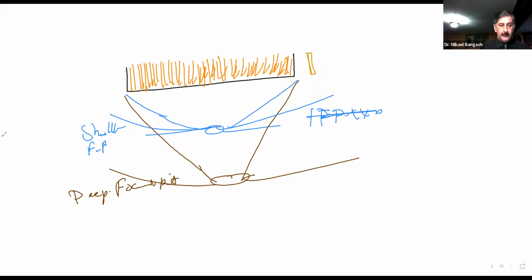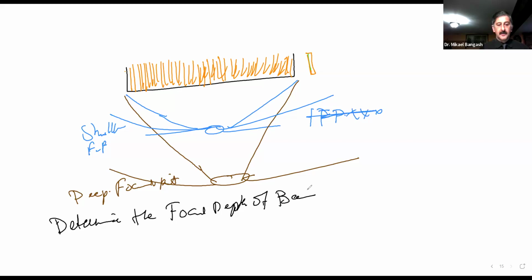But the factor that is going to determine the focal depth of the beam, the focusing of the beam, in this case, is something that we'll call a phased delay.